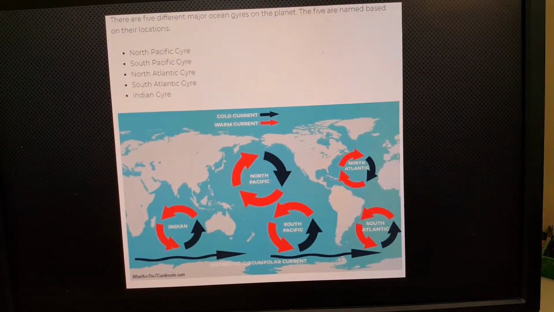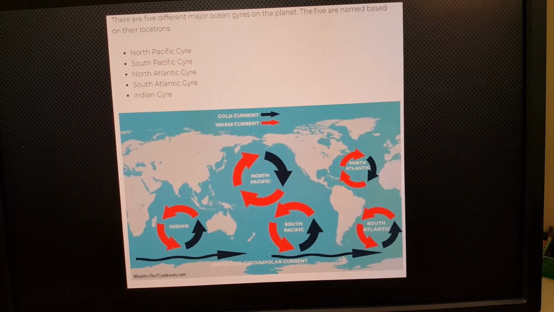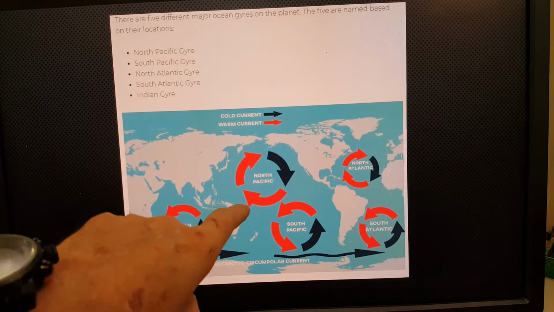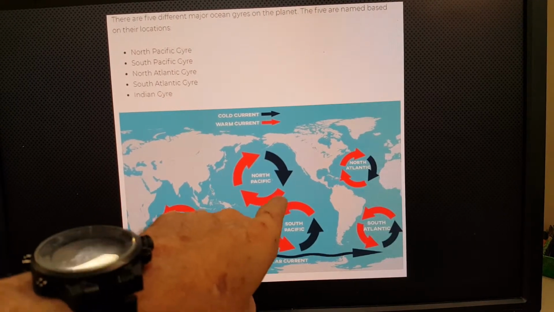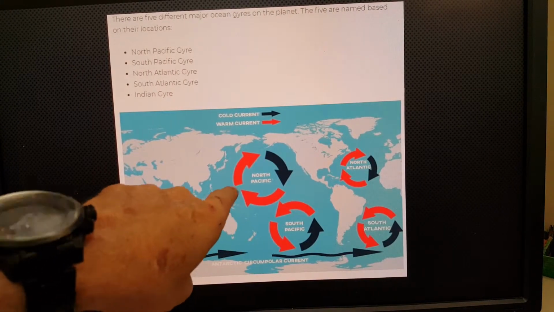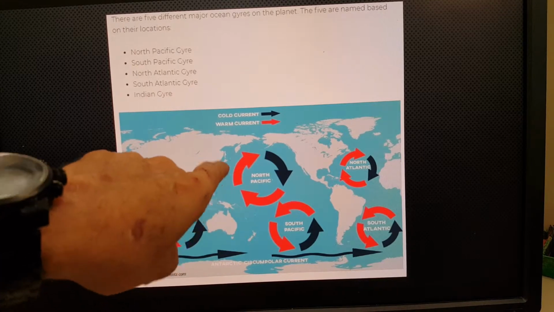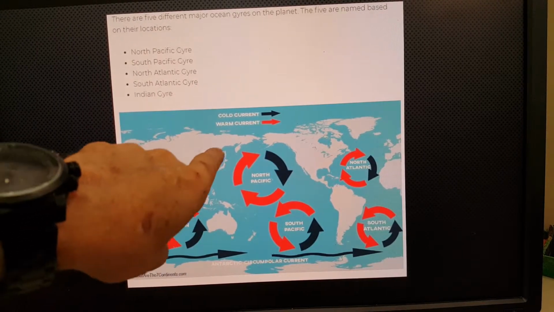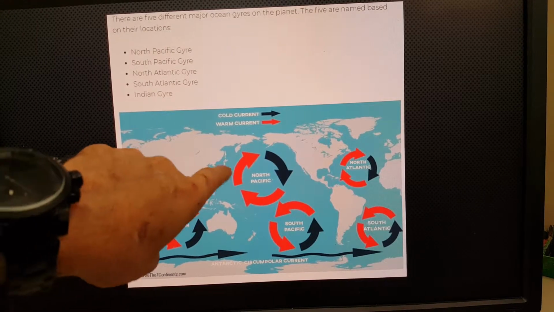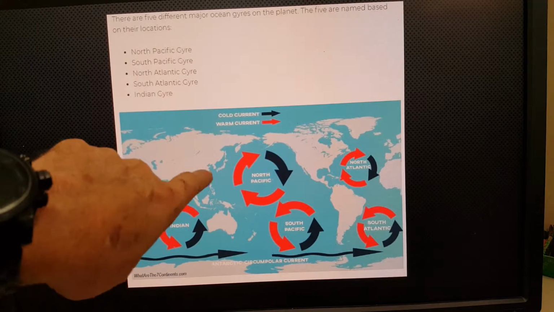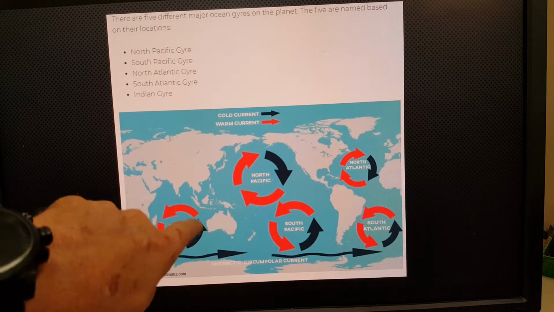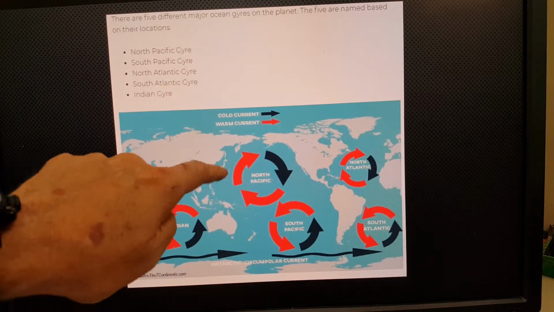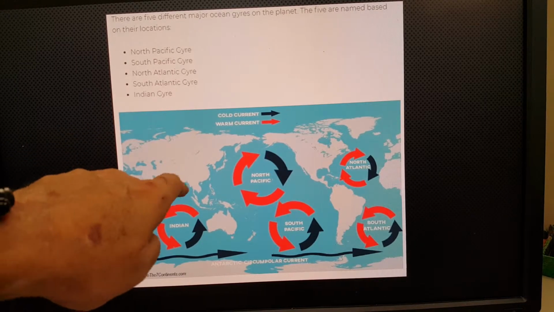Here are the 5 major gyres. You can see immediately, let's take this North Pacific. There's a warm current flowing north. It warms the eastern coast of Asia, Japan, and you can check those. Some of these, like Japan, are very well known for warm waters.